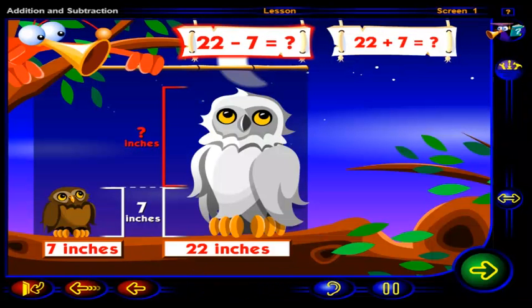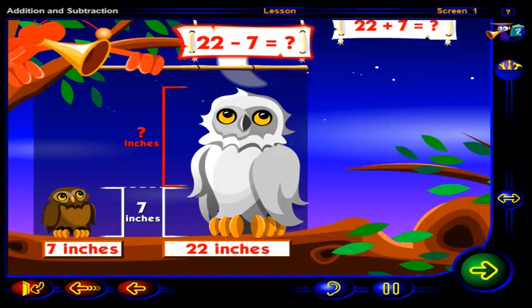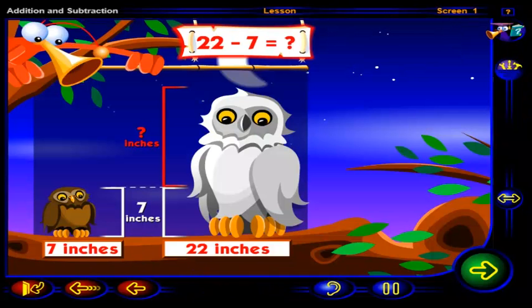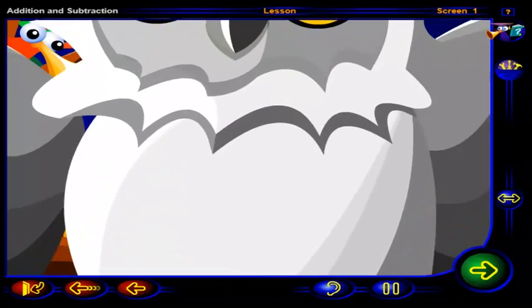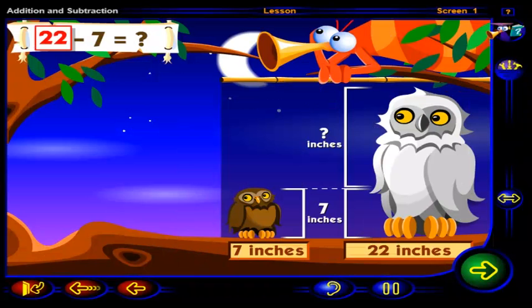That's right. This is the correct number sentence. To find the difference between 22 and 7, we need to subtract 7 from 22: 22 minus 7.